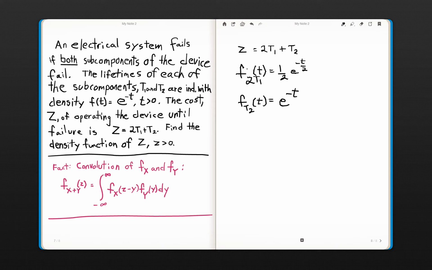These are going to mimic f of x, which will be this piece, and f of y will be this piece.